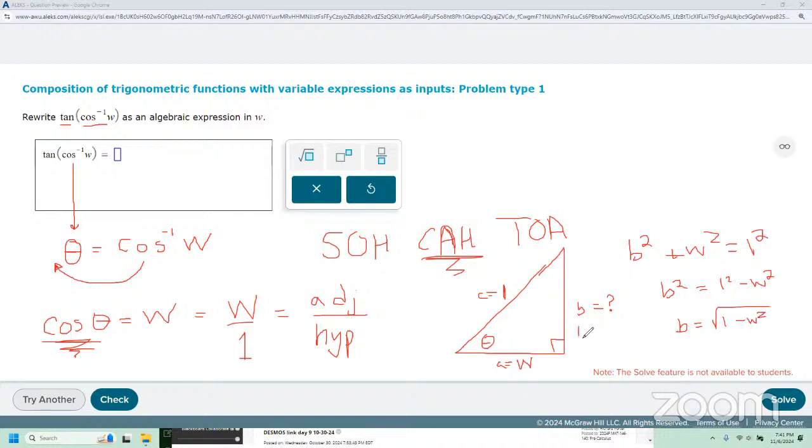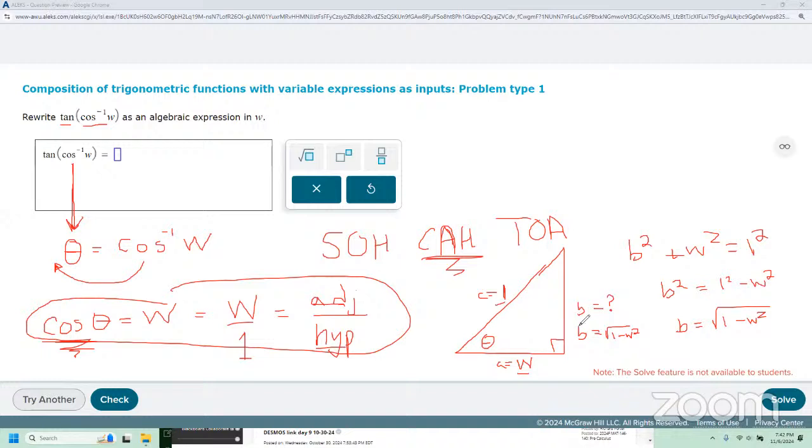So now I know what B is. Are you okay with that? So first, I just called that theta. Then I used SOHCAHTOA to identify the adjacent and the hypotenuse. I drew a little triangle with them, and then I found the remaining side. So now I have all of them.